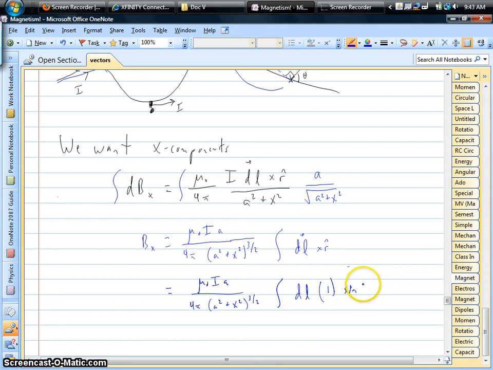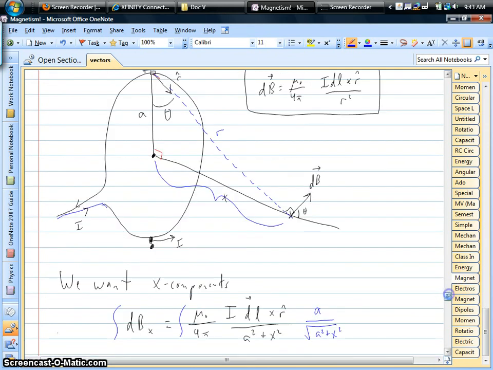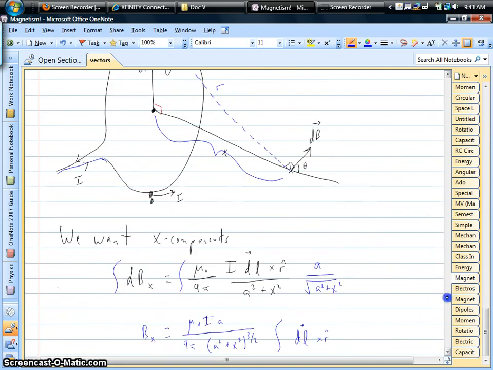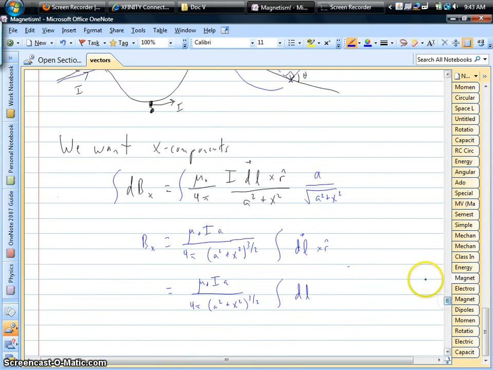And the sine of the angle between those two is 90 degrees, which is also 1. So if I erase those, really we're just left with the integral of dl. Well, what's that? If we add up all these little pieces of length going around that circular hoop of wire, we just have the circumference, the total length of that hoop of wire.